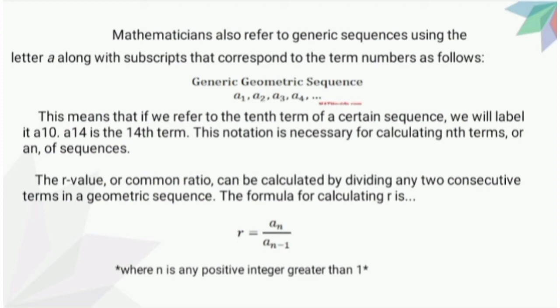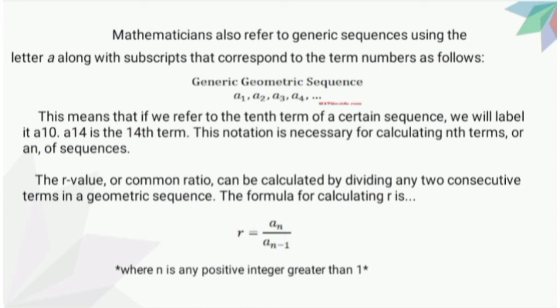This means that if we refer to the 14th term of a certain sequence, we will label it a14. a14 is the 14th term. This notation is necessary for calculating the term an of a sequence.